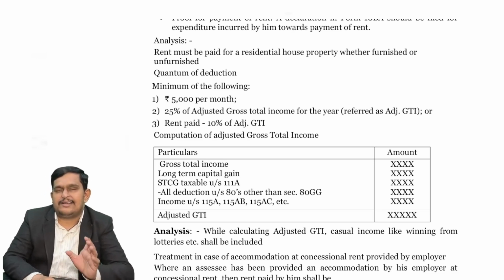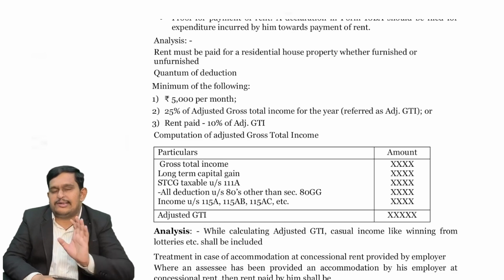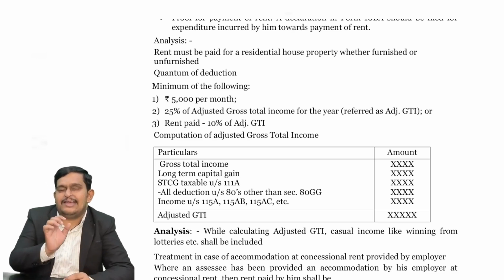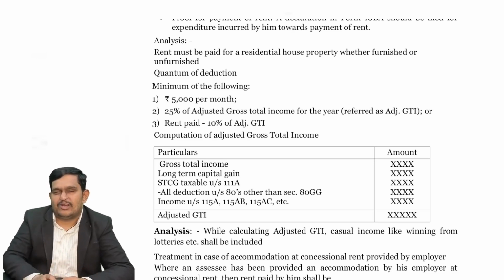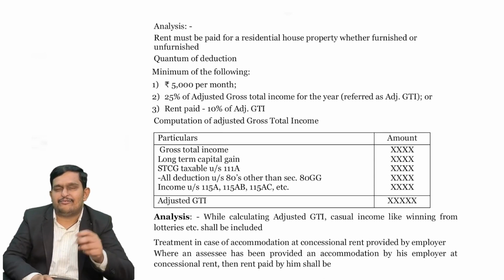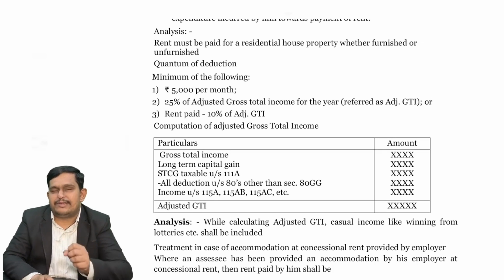Deduct all deductions under 80C to 80U, other than 80GG. And lastly, you have to deduct incomes which are mentioned under section 115A, 115AB, 115AC.